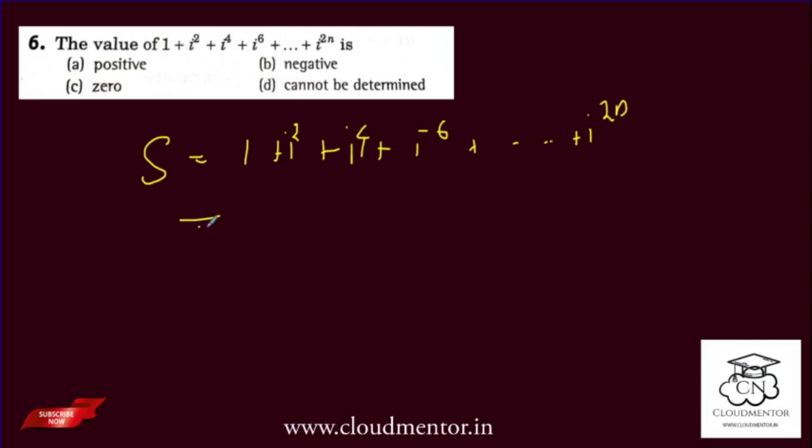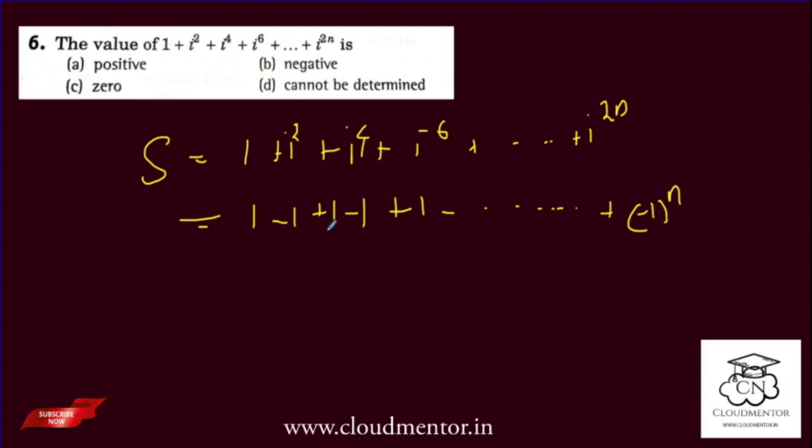So that means it is 1 minus 1 plus 1 minus 1 plus 1 minus etc. up to minus 1 the whole raised to n.